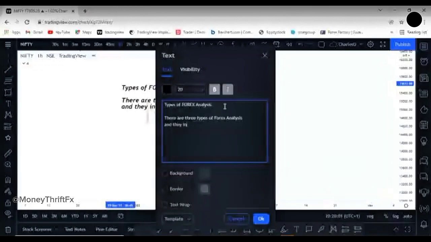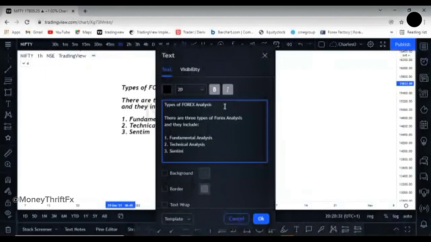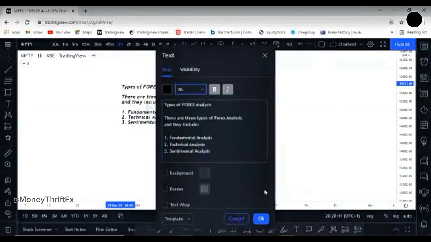And they include, number one, we have the... number two, we have the technical analysis, and then number three, finally, we have the sentimental analysis. So these are the basic types of forex analysis we have in the forex market.